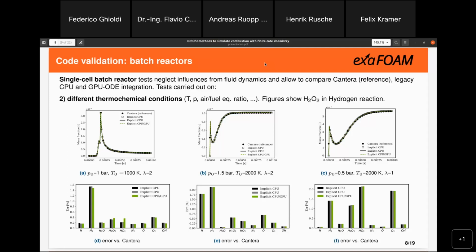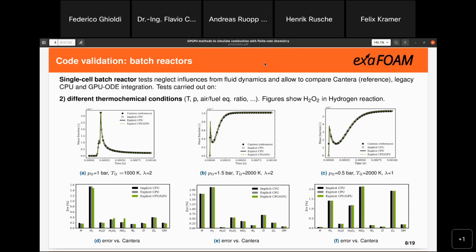This is something that you wouldn't want in exaFOAM, because you are only solving the ODEs, so there is no sense to actually move this information back to the CPU. So what you might want to do is to simply start from the initial condition, perform the overall integration, and then bring back this solution to the CPU, but while storing the intermediate solution, so the solution for different intermediate time steps, on the GPU. And once you transfer everything back, you can generate the same plots that you have here.